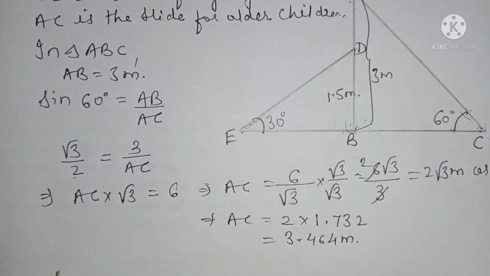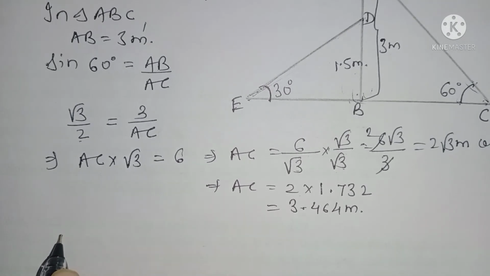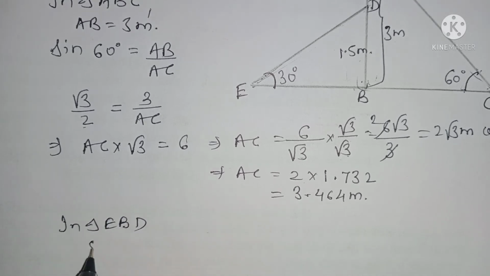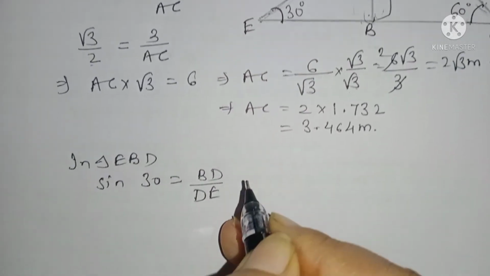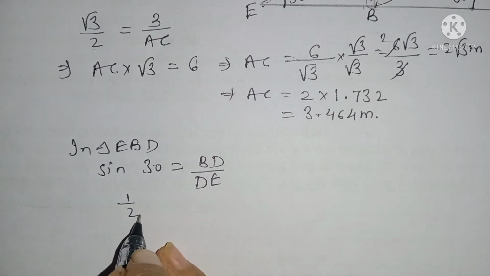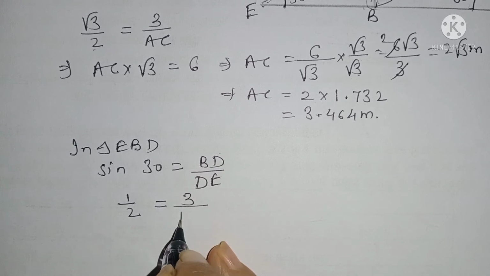Now apply sin 30 in triangle EBD. So in triangle EBD again we are going to apply sin 30, opposite, that is BD, upon hypotenuse, that is DE. Now you know the value of sin 30, it is half, and DB is equal to 1.5 meter upon DE.